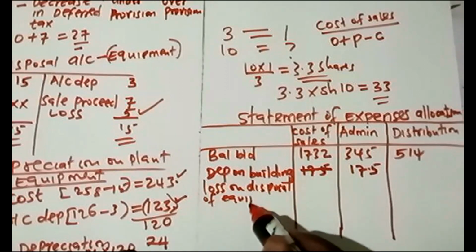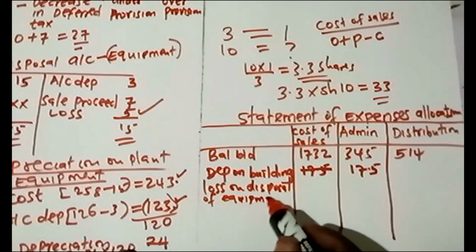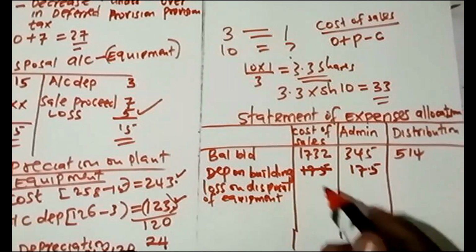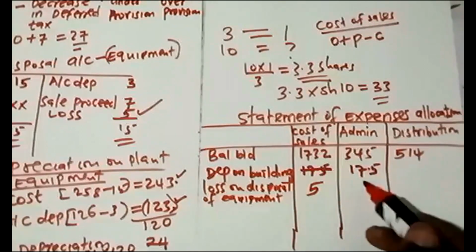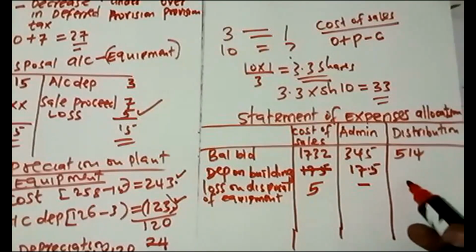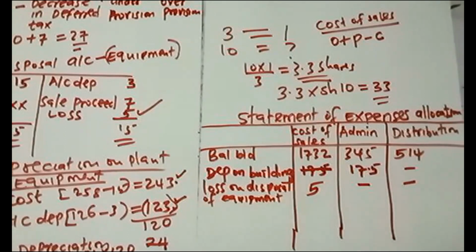Selling and distribution expense? Classify under cost of sales. A loss is a cost you incurred when you are doing a disposal. It's a cost you incurred when you are disposing assets.